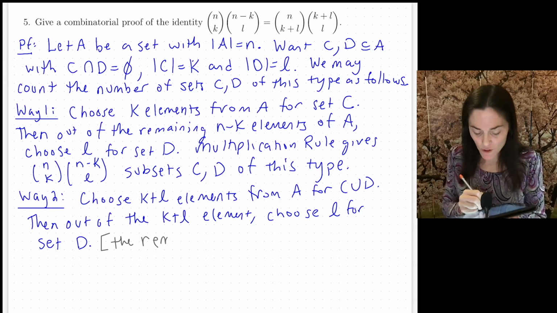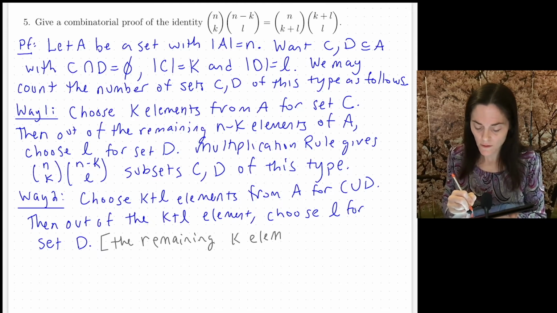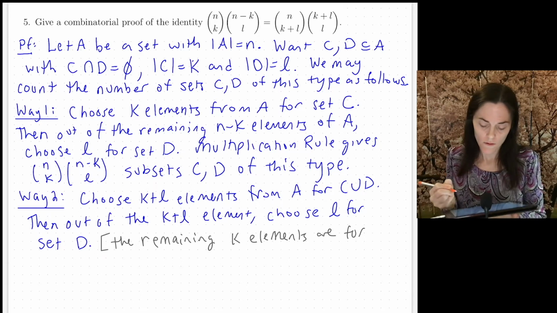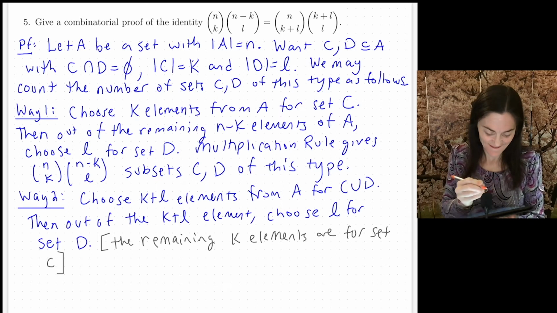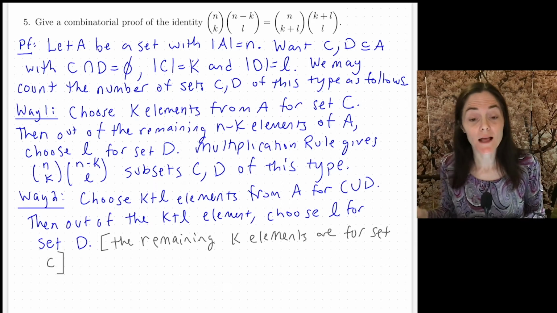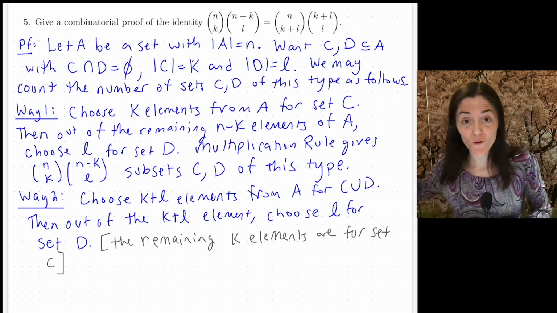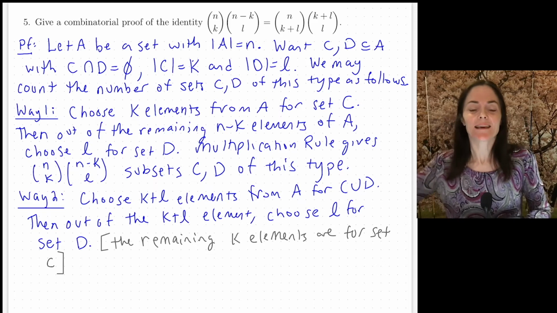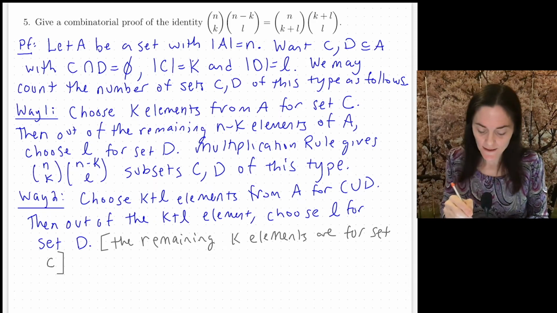You see we have no other choices because the remaining k elements are for set C. So first you choose k plus L for the union, and then you specify L of them for set D, and then just the other k go to set C.